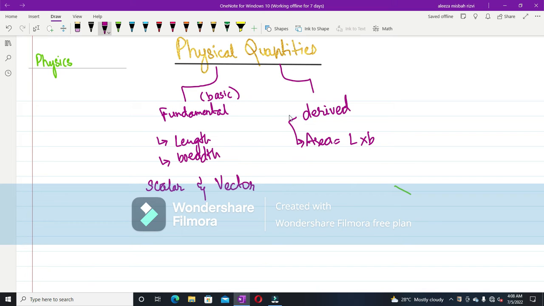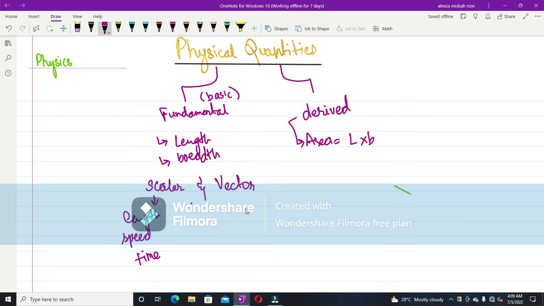For example, the ones I mentioned earlier, like length, speed, time. Time doesn't need any direction. Speed doesn't need any direction. Okay, so vectors are completely specified with their magnitude, SI unit, as well as direction. It means the difference between scalar and vector is just direction.